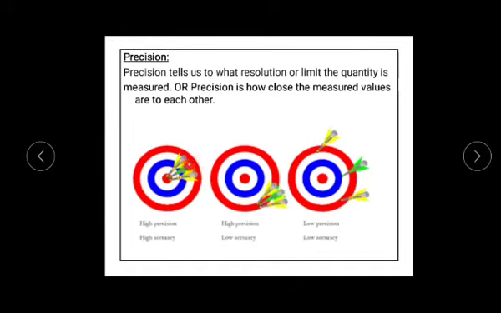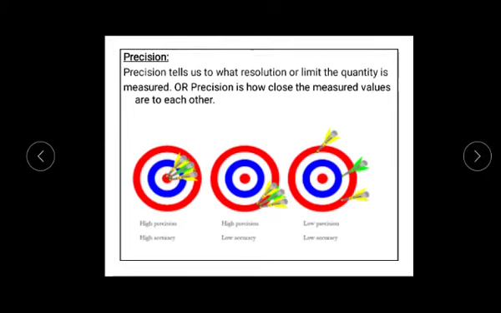So how close are the measured values to the actual value? Almost same. Definitely accuracy is also high. So in the first figure, measured values are very close to one another, so precision is high. And these measured values are also close to the actual value, definitely accuracy is also high.